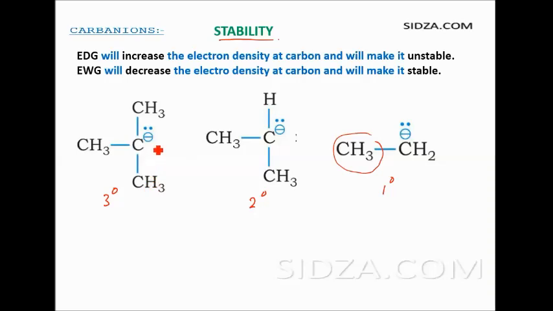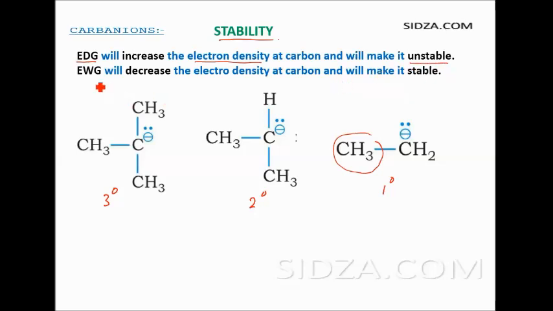Carbon is electron rich, it has a negative charge, and therefore if you attach a group which can donate electrons to the carbon, that will increase the negative charge and that will make it unstable. So we get the conclusion here that if you attach an electron donating group to a carbanion, that will increase the electron density on the carbon and will make it unstable.